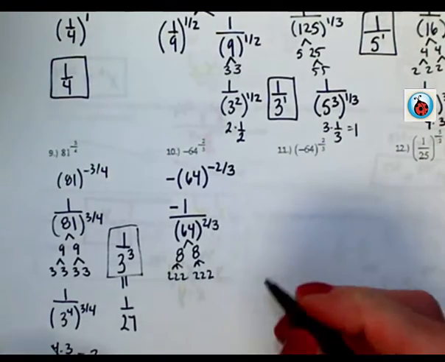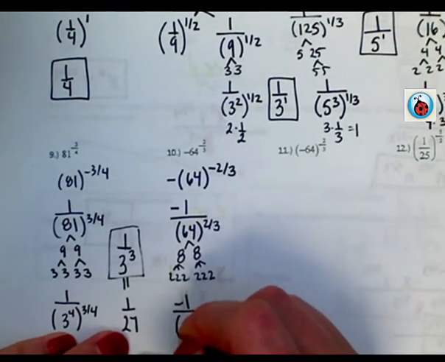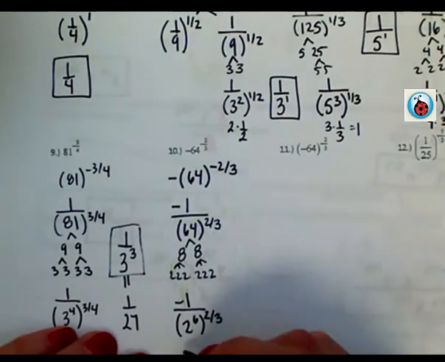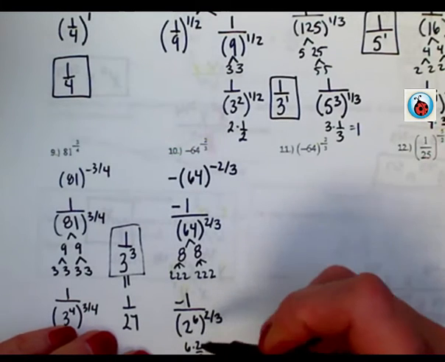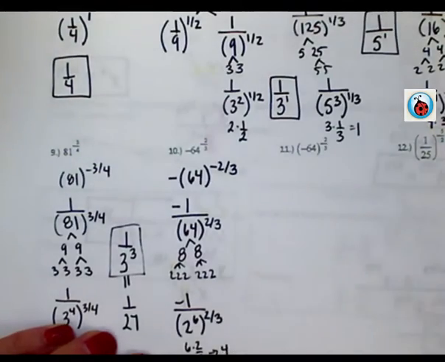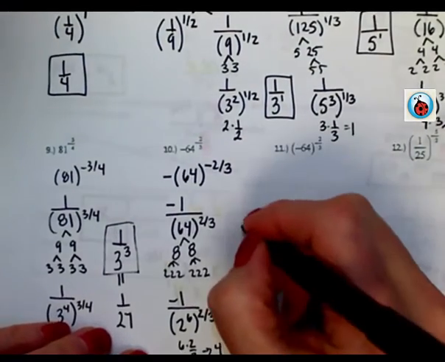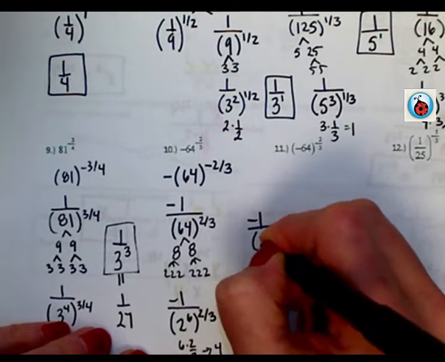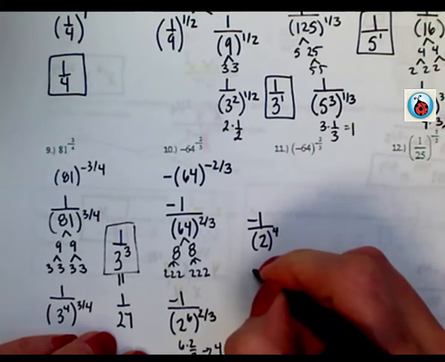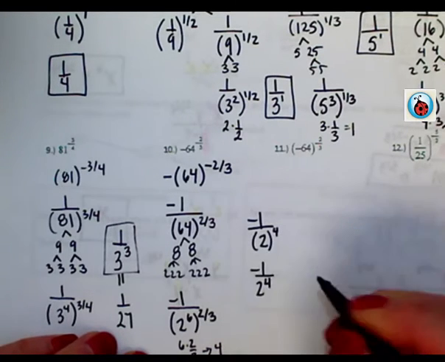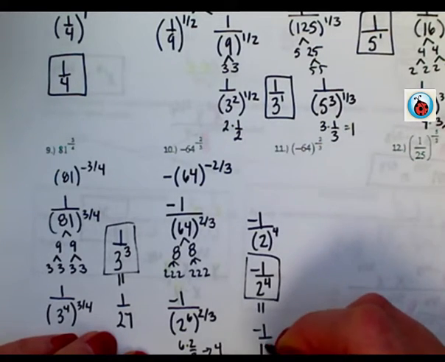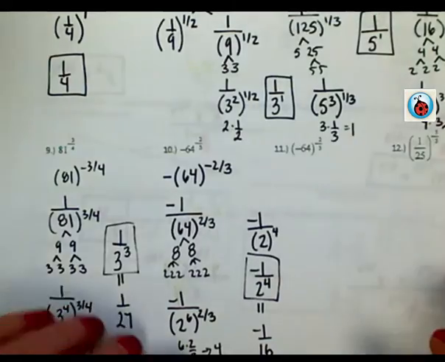Okay, so that's 2 to the 6th. Okay, exponent rule says 6 times 2/3, so this is 12 over 3, which is 4. Okay, leaves me with negative 1 times 2 to the 4th. So I can leave it like this, or 2 to the 4th is equivalent to negative 1 over 16.